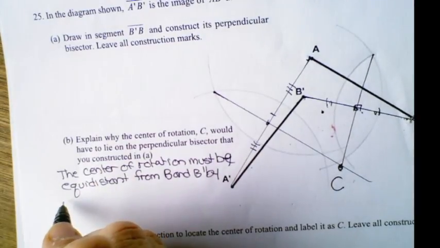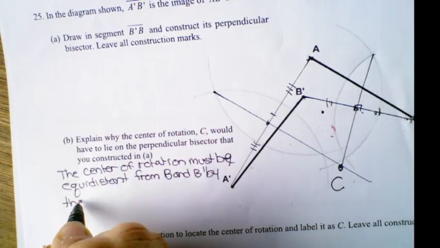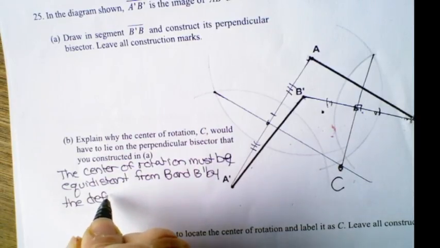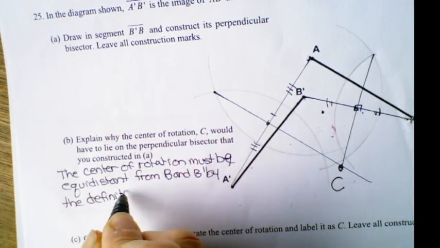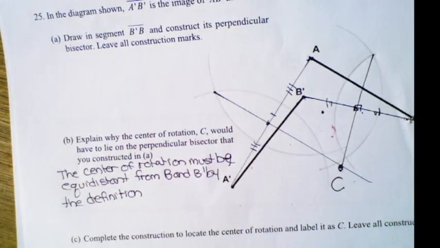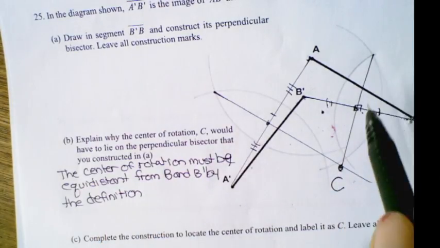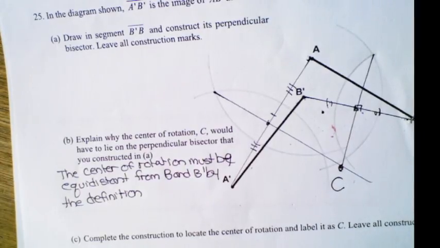By the definition of rotation. To rotate something means you're just turning it around a point of rotation, and everything has to still be the same distance from the point, no matter where I rotate it to.